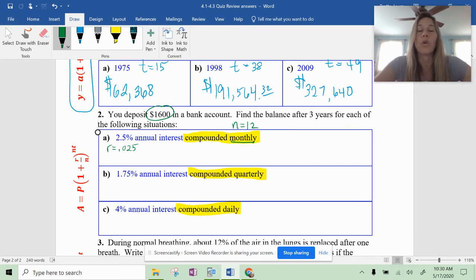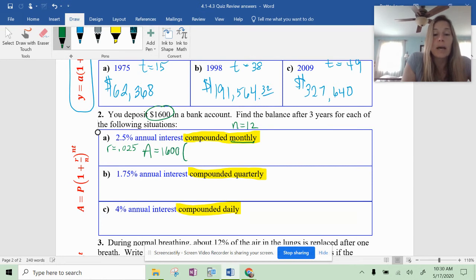So make sure you're always moving that decimal 2 places to the left to go from percent to that R value. So when we put this in our calculator, basically you're going to have your principal, which is 1,600, times 1 plus that rate written as a decimal divided by your n value. And then the exponent is the n value times however many years, and we're doing this for 3 years.